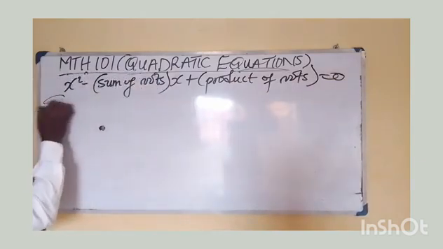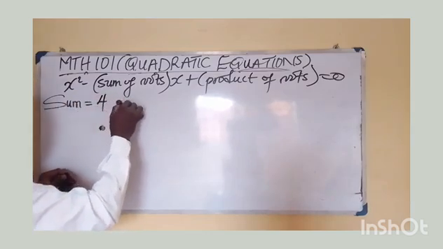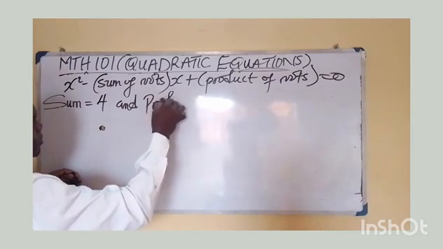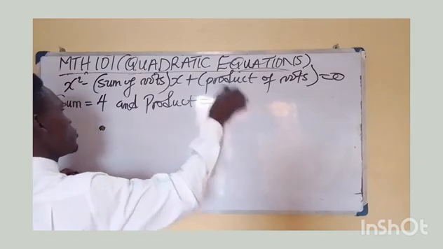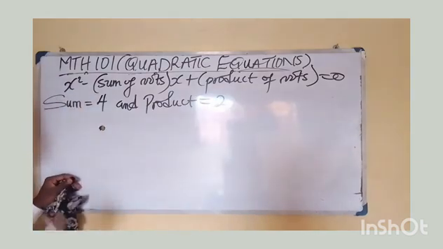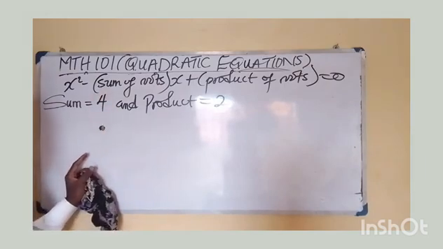Now if you are given the sum as maybe 4 and the product as 2, they tell you to find the quadratic equation. This one is even easier than the first one that we did.